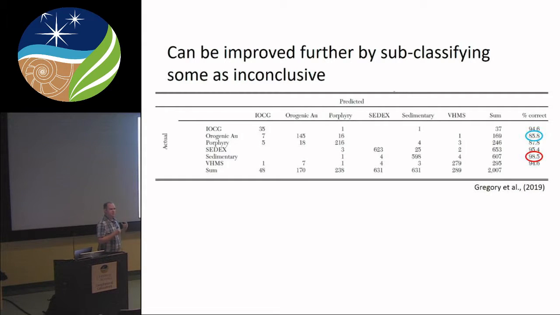If we put in a requirement that you need at least 40% of the votes, and if it's less than 40% of the votes for the favored classification, it's inconclusive, we're able to remove the data points that we're less sure about. So by doing this, we increased orogenic gold, which is still the lowest, to about 86% of the time, and sedimentary pyrite being correctly identified 98.5% of the time.